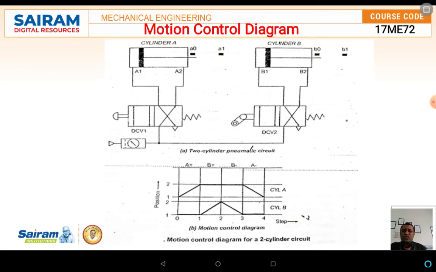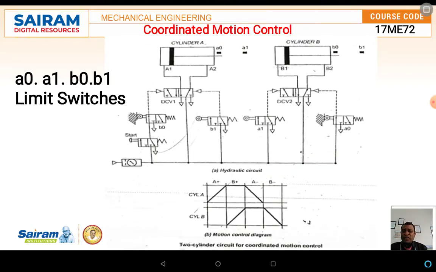Like that, it is a continuous sequential motion that takes place. See, that entire control of the mechanism is done by using the limit switches A0, A1, B0, B1. See here in this case, as we know, this is something like a double acting cylinder.